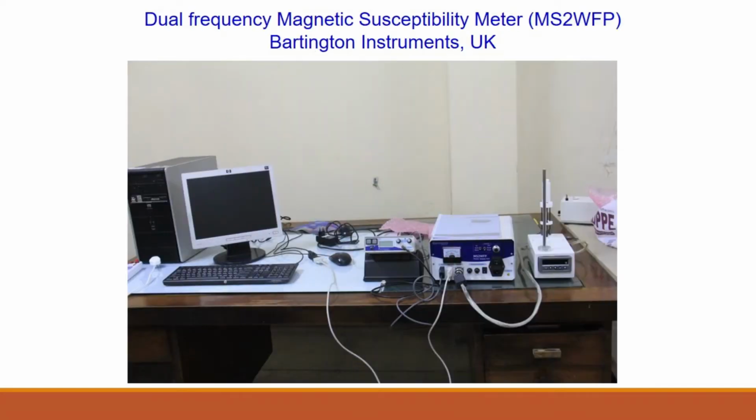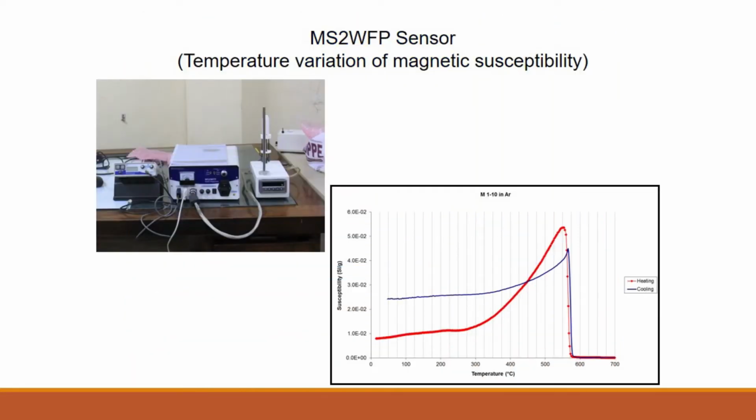Susceptibility we measure with a dual frequency meter, from Bartington Instruments UK. We can estimate the Curie temperature of a sample using this Bartington sensor. As you can see, this drop in susceptibility at 585 corresponds to the Curie temperature of the magnetite mineral.